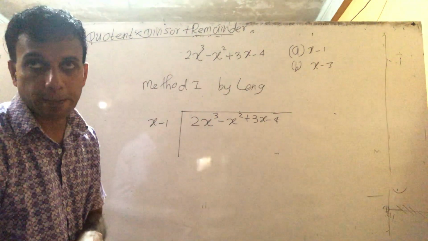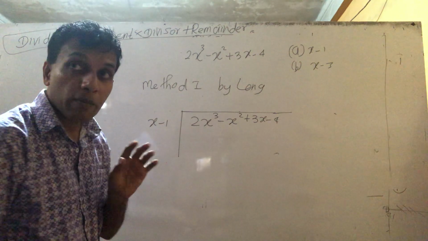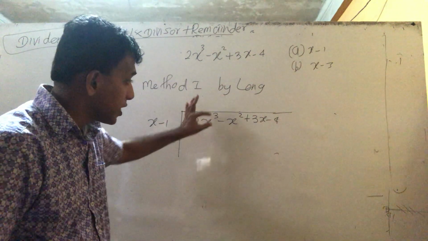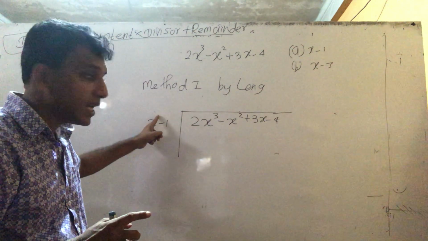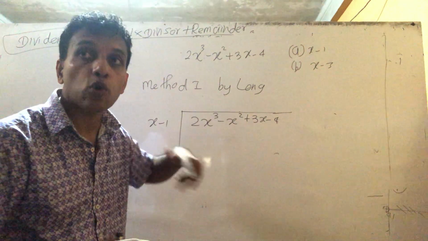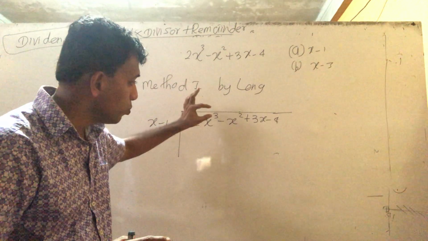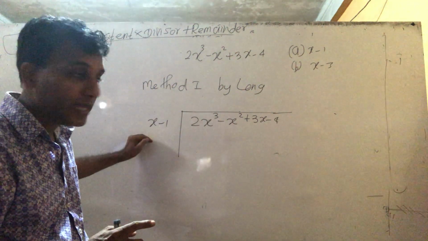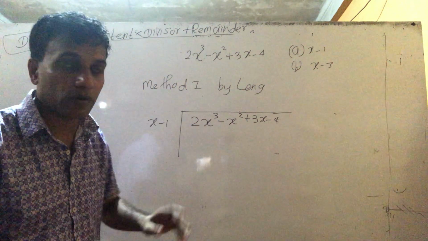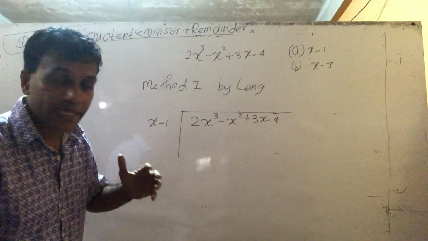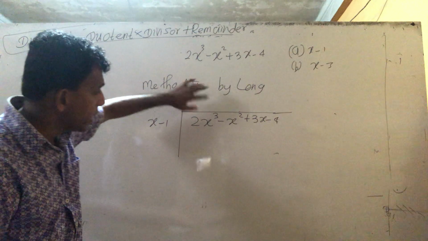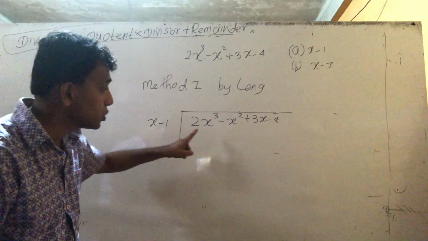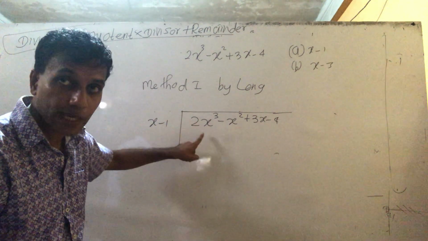So see, remember once again, recollect it. If a cubic polynomial is divided by a linear, what is the answer? Quadratic. A cubic polynomial divided by a linear gives a quadratic, right? Now the idea. You write a term here, and that term multiplied with this gives you 2x cube.